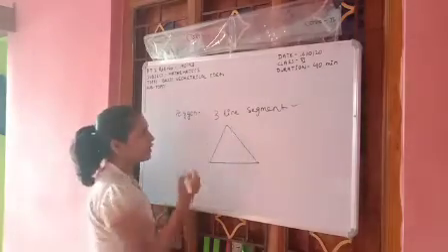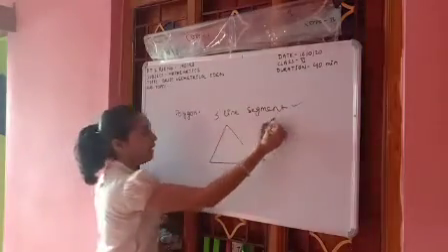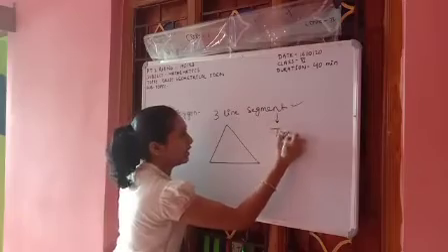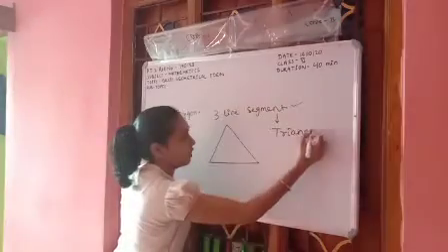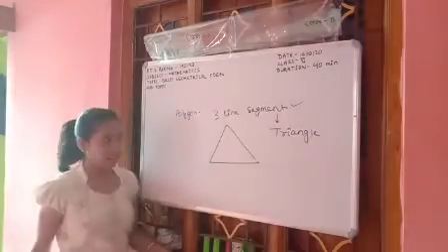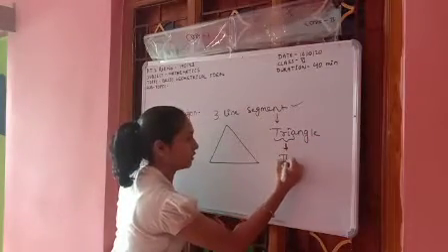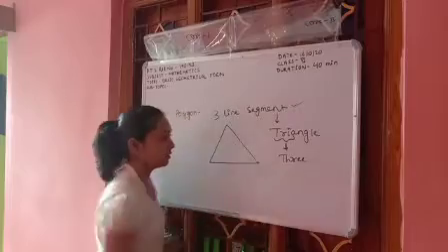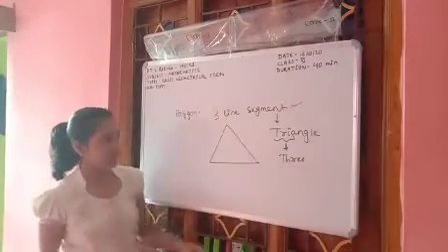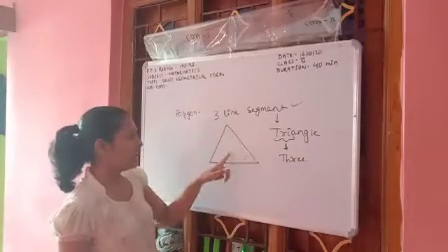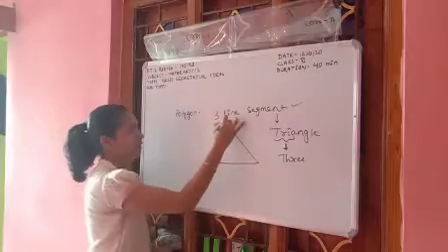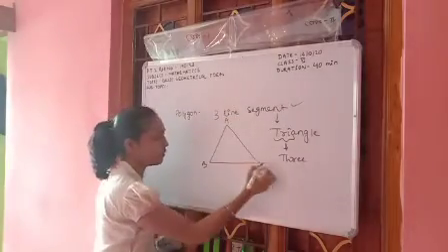We can also call this polygon a triangle. Tri means three, that means three sides. Here also name it polygon ABC.